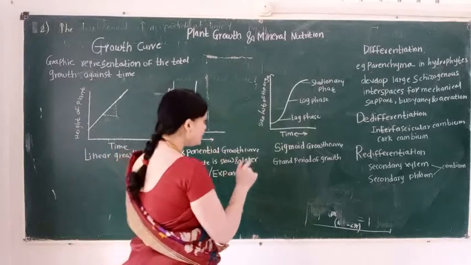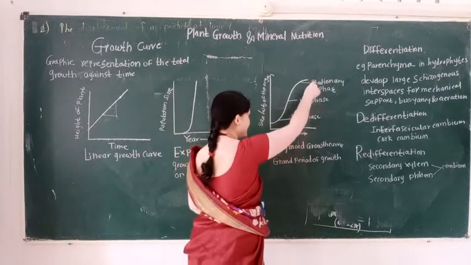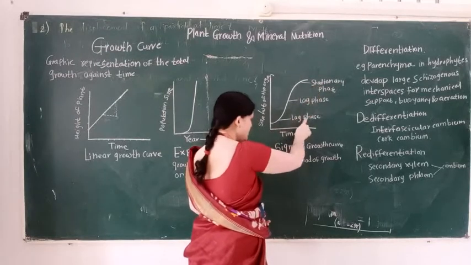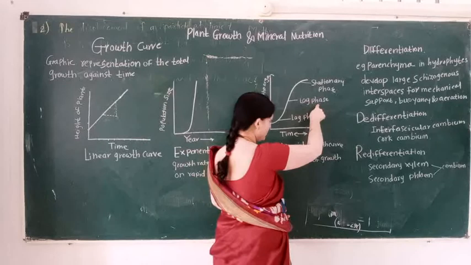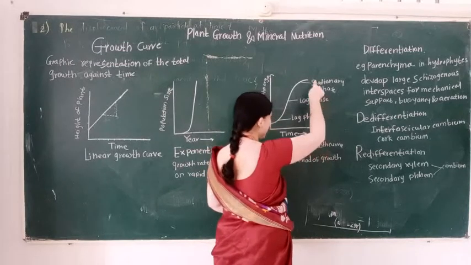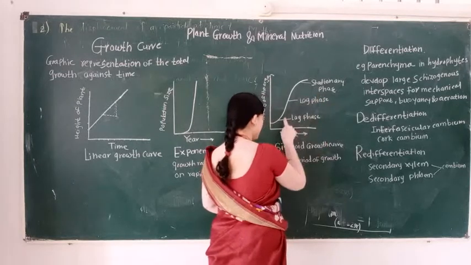So in a sigmoid type of growth curve, three phases are seen. First phase is a lag phase, second phase is known as a log phase, and third phase is known as a stationary phase.